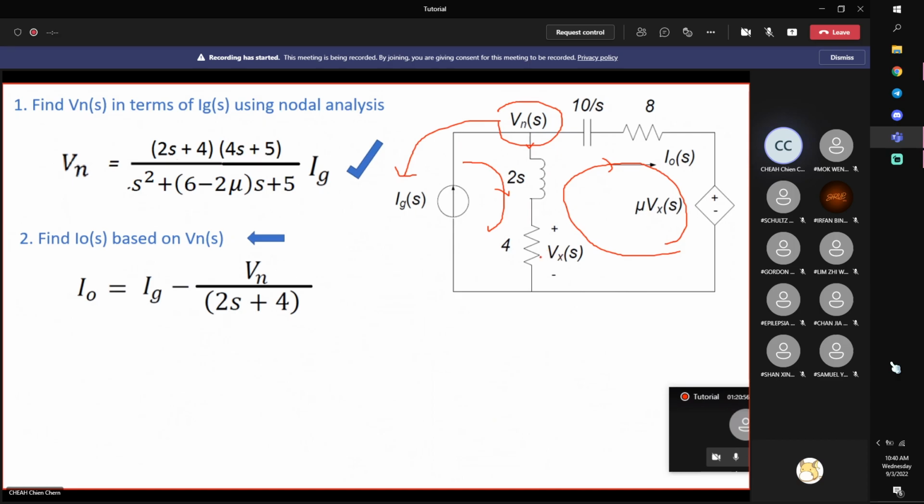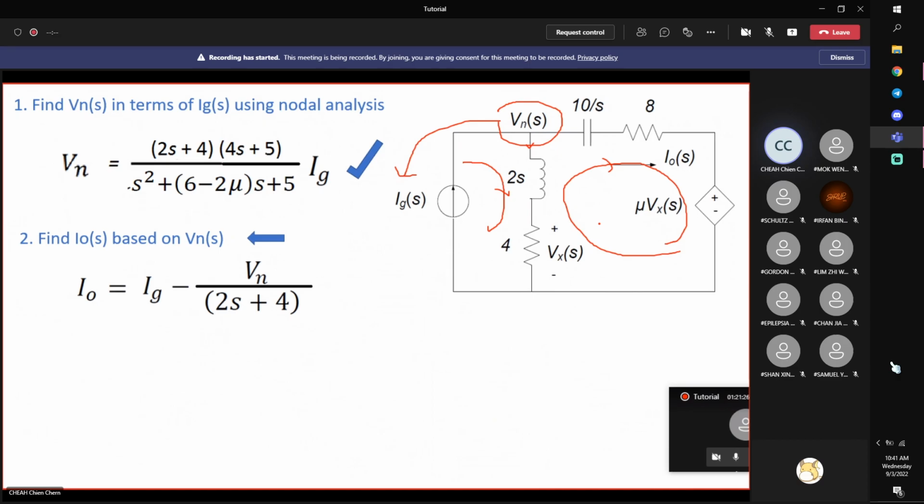It can be expressed as Ig minus IO times 4. So this Ig minus IO times 4 is your Vx. So everything can be expressed in terms of input and output. Then you can also get this. You should go back and try, because do not fix your methods. It gives you more choices so that you can use different methods for different circuits.